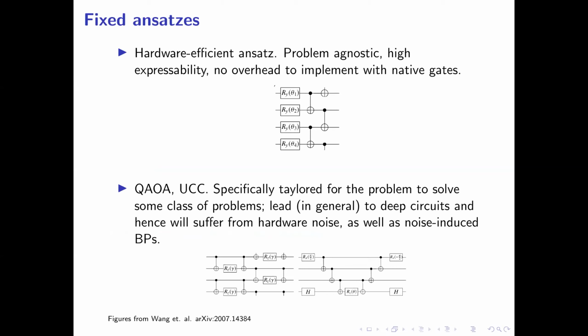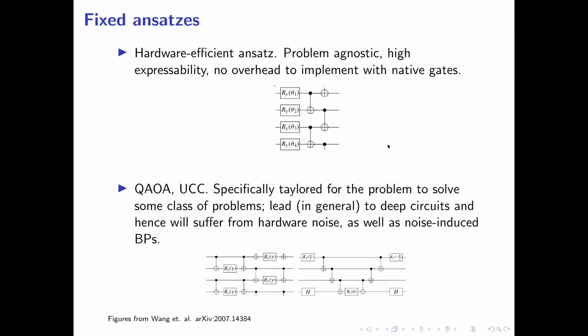When doing VQE, and now I am talking about the variational quantum eigensolver, one can discriminate between two strategies to create an ansatz: a fixed structure or a variable ansatz strategy. For a fixed ansatz, we may devise a hardware-efficient ansatz, which is problem agnostic and has this brick-wall structure of single-qubit rotations and neighbor entangling gates, repeated all along the circuit.